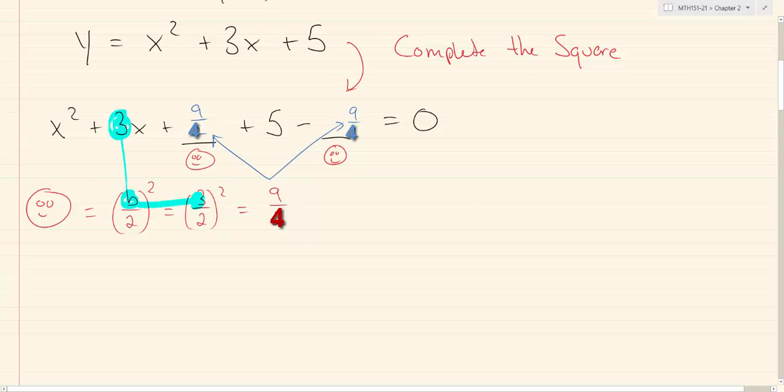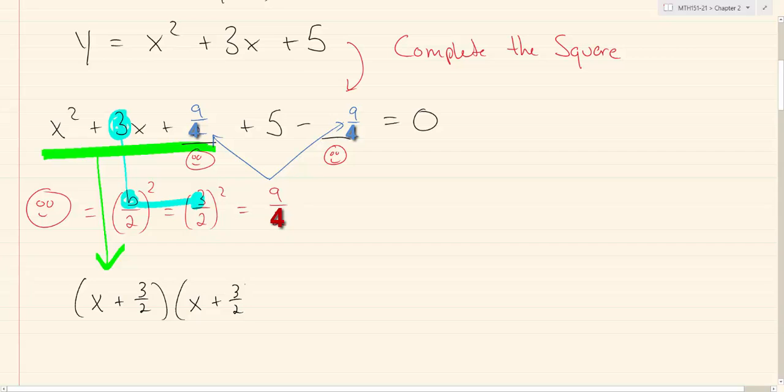And believe it or not, this guy right here is a perfect square. It becomes x plus 3/2 times x plus 3/2, which is x plus 3/2 squared.